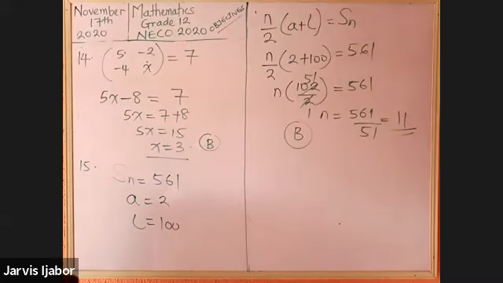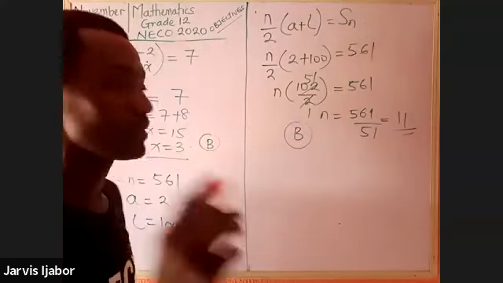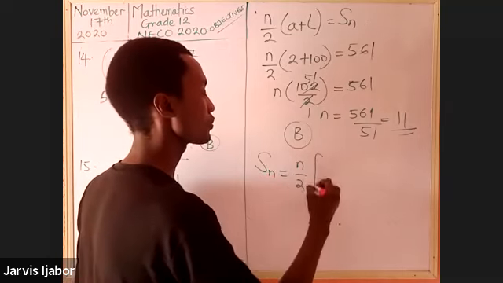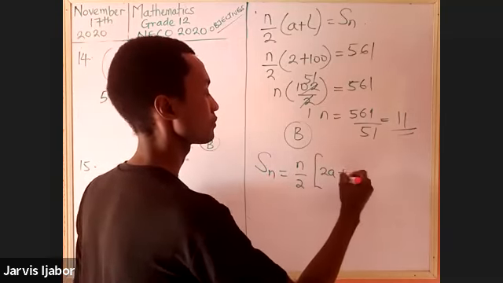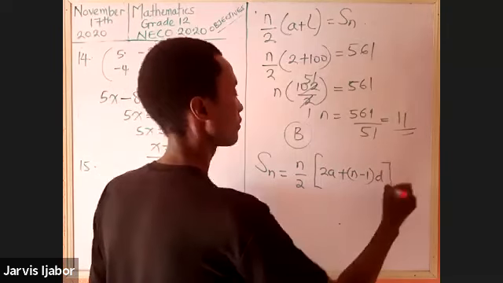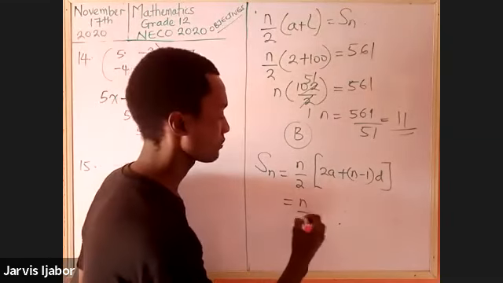The first plus the last term. If you remember the formula for AP and GP, you have something like this. This is the one you are used to. That's what you are used to, is that not? But let me shock you with this formula.